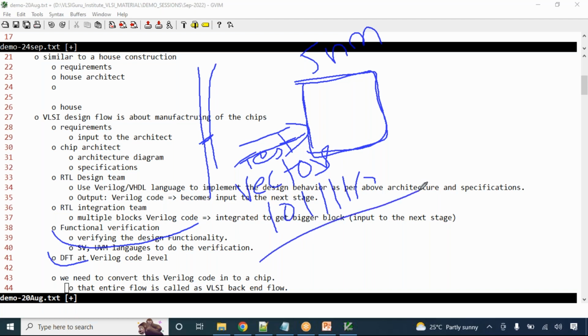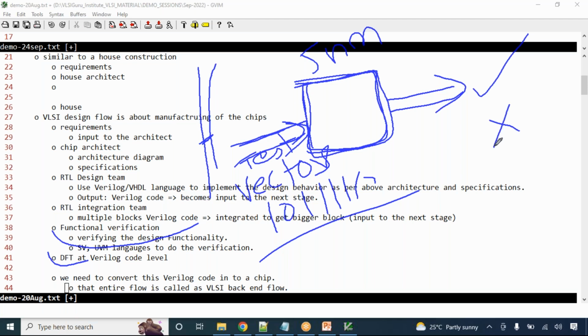In Verilog terminology, a series of bits is called a vector. If you go into the Verilog language, anything bigger than 1 bit, 1 0 1 1 1 1 0, is called a vector. So, test vector. The test vector is applied as an input to the chip. The output of the chip will tell you whether it is good or faulty.